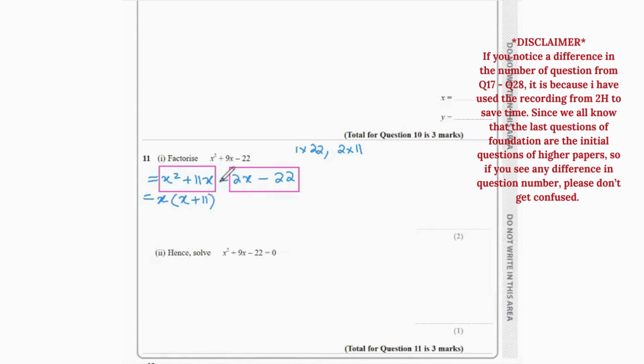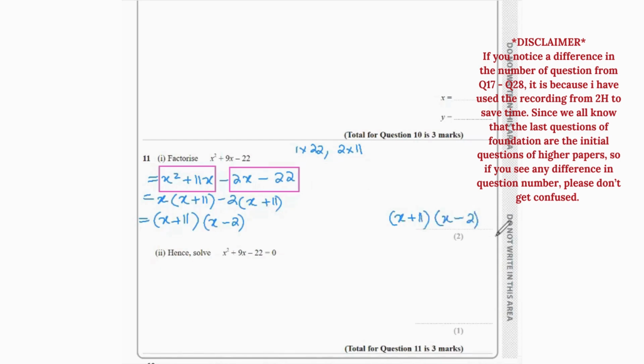And between negative 2x and negative 22, we have negative 2 common, so again x plus 11 in the bracket. Now, since both the brackets have the same terms and the same sign inside them, we can take the bracket common. When you take x plus 11 common, we're left with x minus 2 in the second bracket. So this is your factorized form of this quadratic expression.